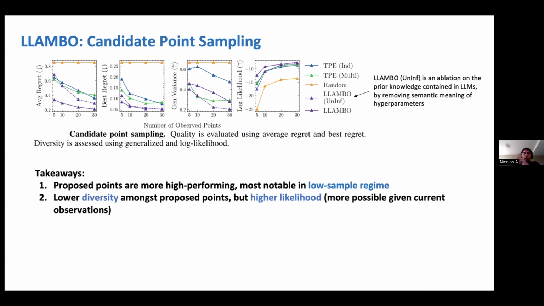We also observed that this method achieves lower diversity, which can be seen in the generalized variance plot, but in general, the likelihood is conserved across the relevant baselines, which is the fourth plot.